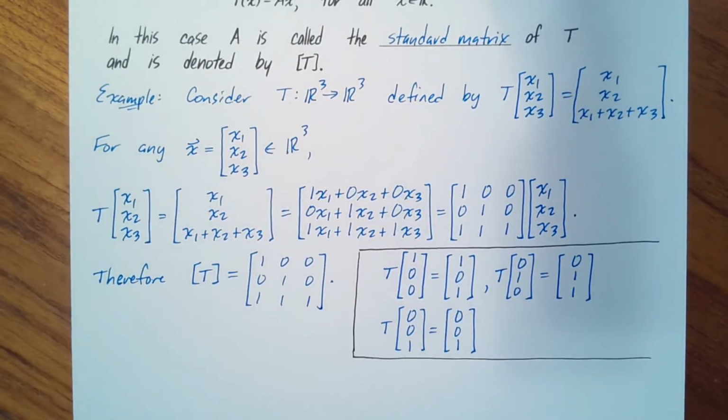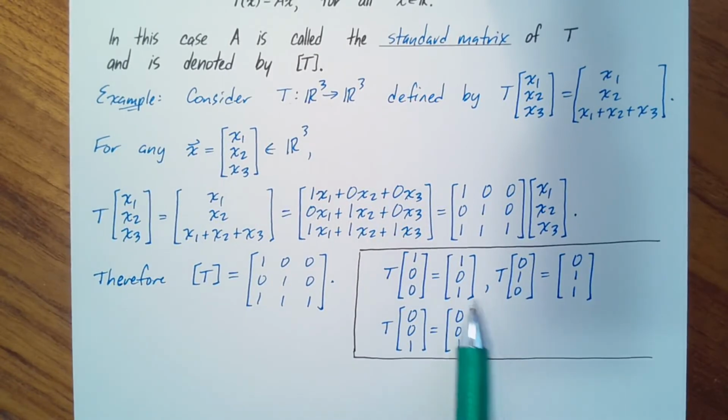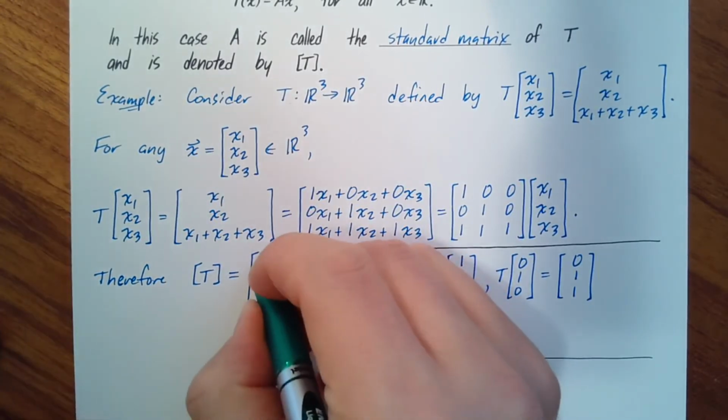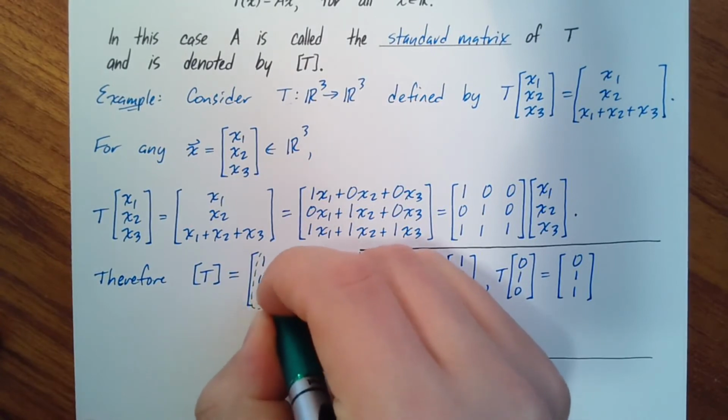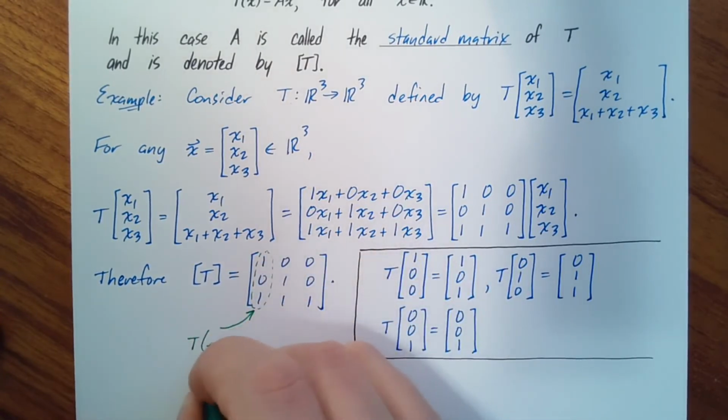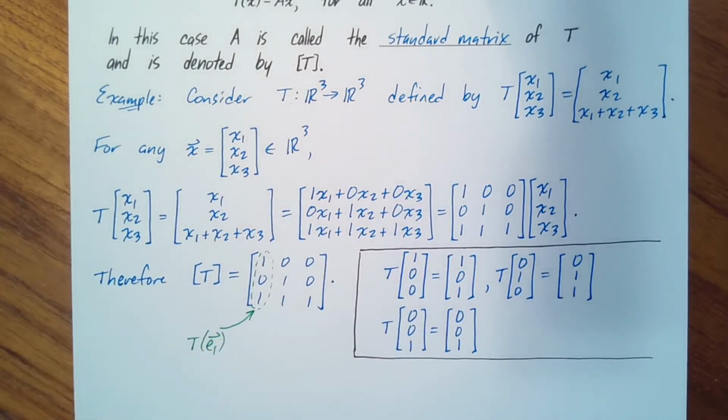And you may have noticed already, that these 3 columns are actually exactly the 3 columns that we see here. So let's identify that. This column here is actually T of E1. Right? This vector here is E1, so this is just a more abbreviated way to write it.